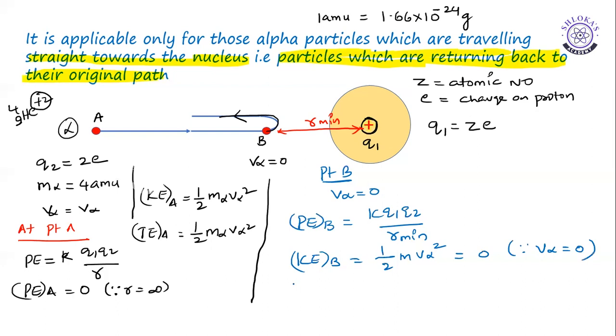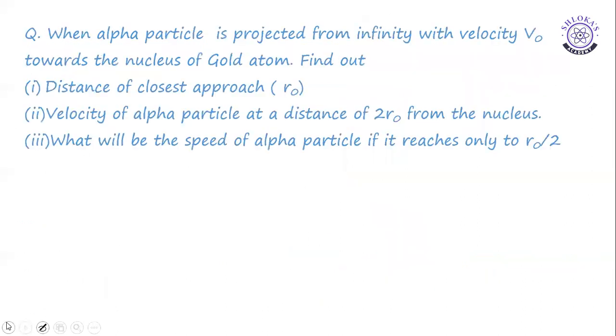Now what is the total energy at point B? The total energy at point B is equal to K into Q1 Q2 by R minimum. Let this be equation 1 and that be equation 2. From 1 and 2, what can we conclude?